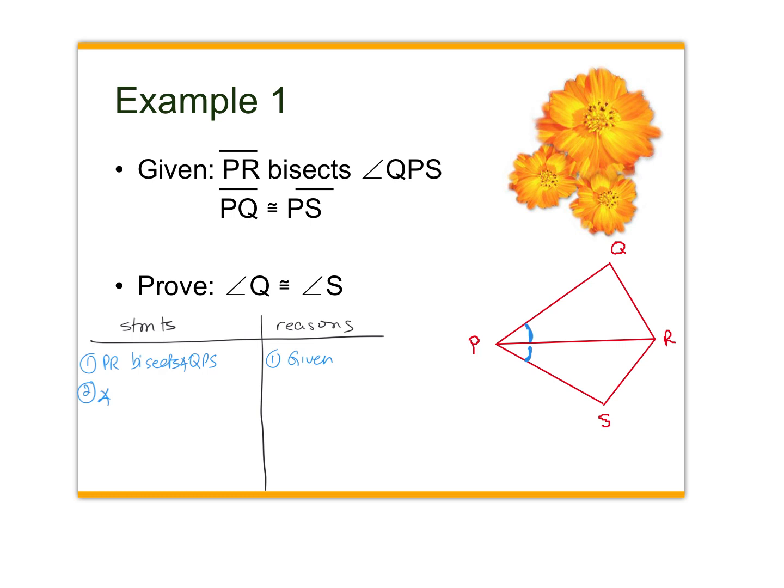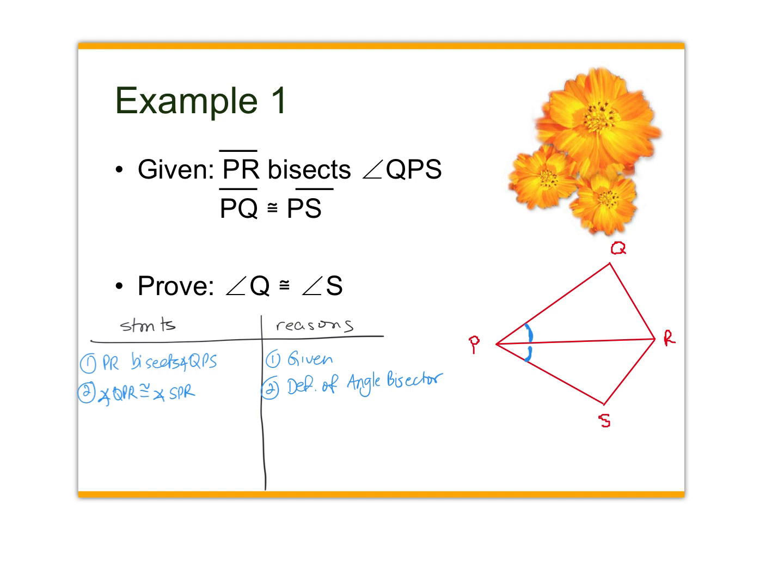Angle QPR is congruent to angle SPR because of the definition of angle bisector. I know that means it breaks the angle into two congruent angles. So the definition tells me that.